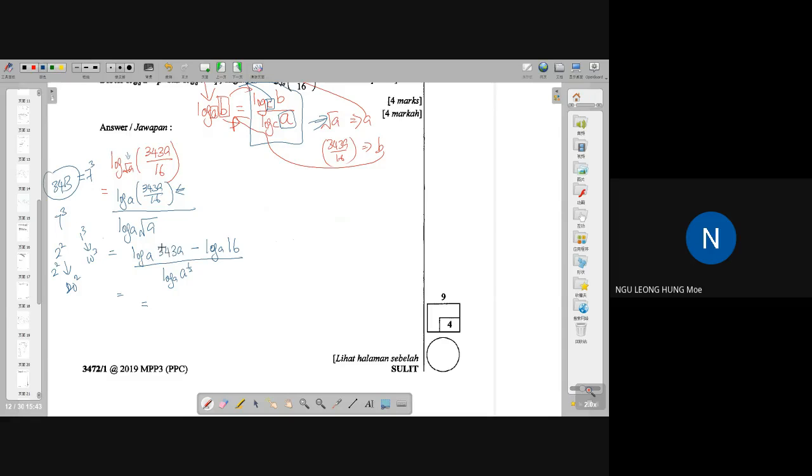That means nombor ini ialah log A 7 cube. And one more thing, you tengok 343A here. 343A actually ialah darab kan? So kita boleh buat tambah di sini. Log A, okay, minus lagi, 16 if for the base of 2 is 2 power of 4.